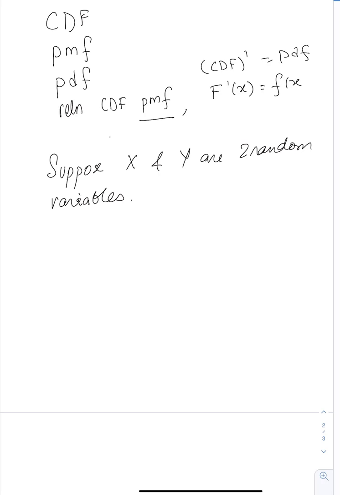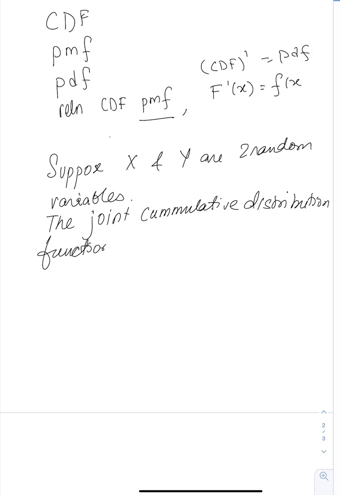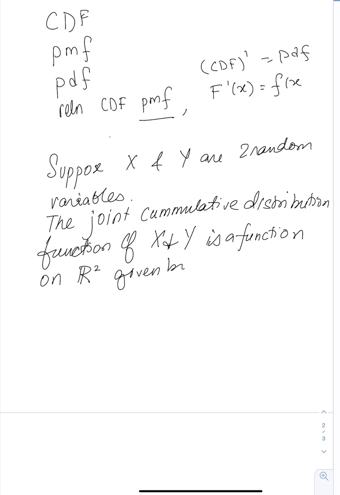The joint cumulative distribution function of X and Y, or some people say the joint cumulative probability distribution function, it's the same thing, is a function on R2 that is given by, the order matters of course, F of (a, b). That is the probability of, what do you think?